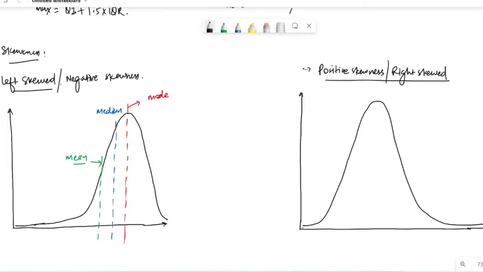Symmetrical distribution is similar to the normal distribution. In the right skewed case, the first part will be mode, then median, and then mean, again, but towards the right-hand side.